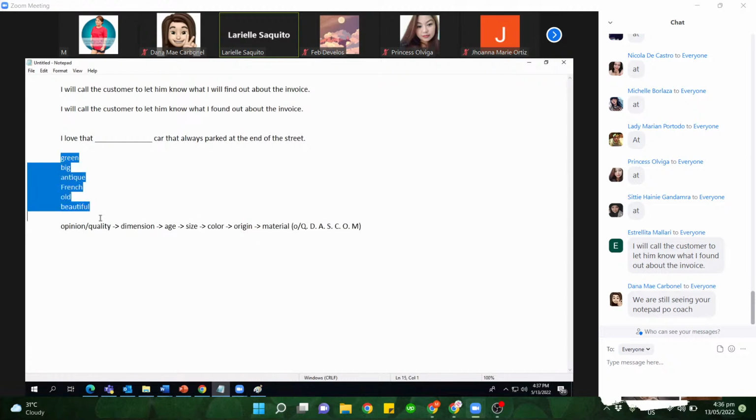So for this example that we have, "I love that blank, blank, blank car that is always parked at the end of the street." What will be the order that we will be following?